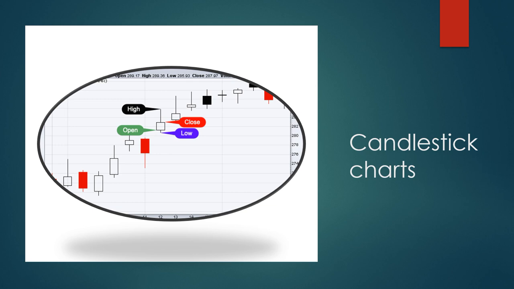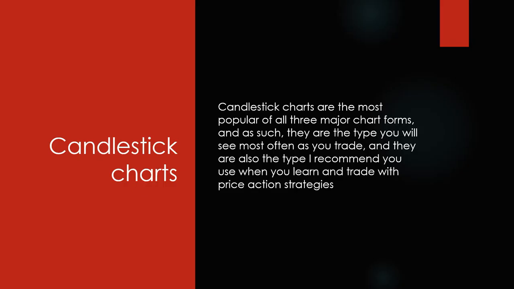So here we see a candlestick gives us the open, the high, the low, and the close. But then between the close and the open, we draw what we call the body of the candle, and those other two parts are called the wicks. Different size candles located next to each other tell us something about price. So candlestick charts are the most popular of all three major chart forms.